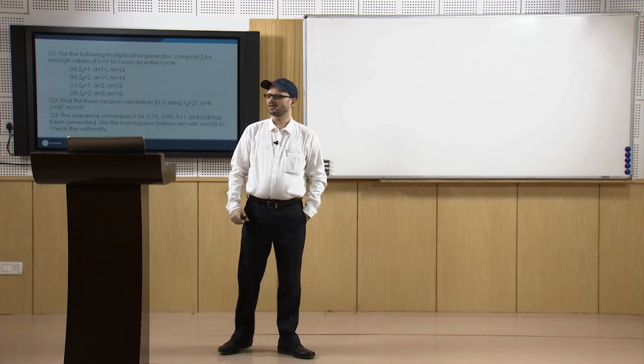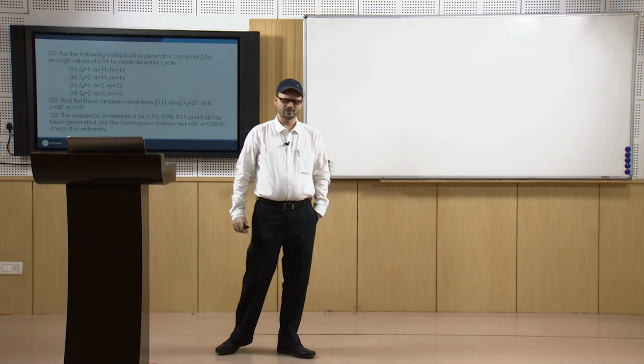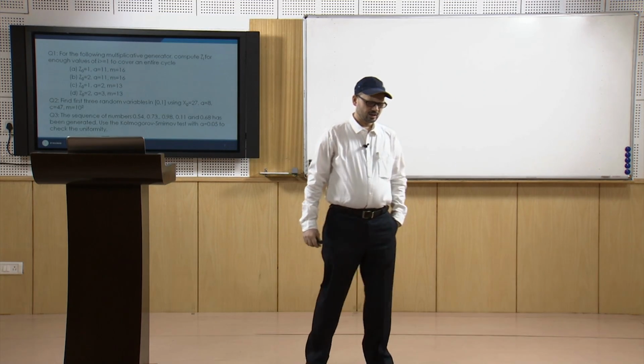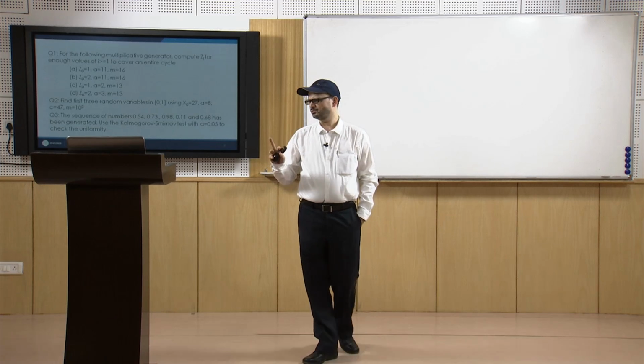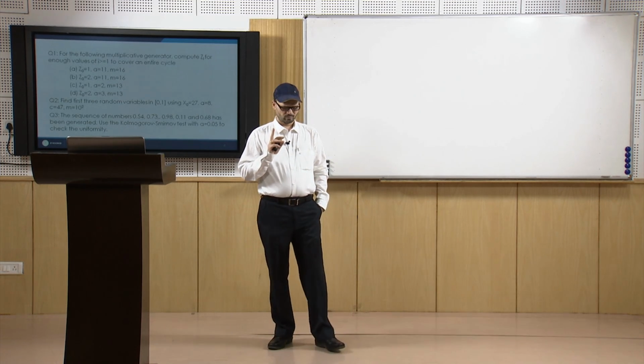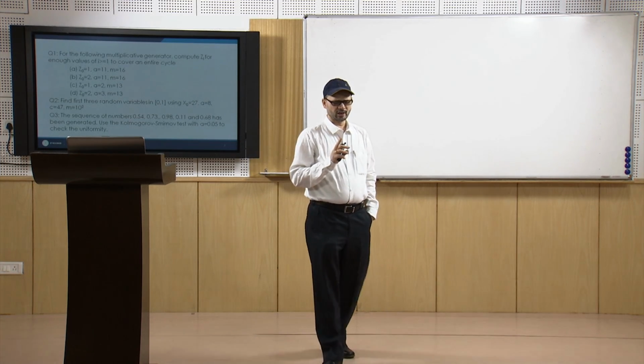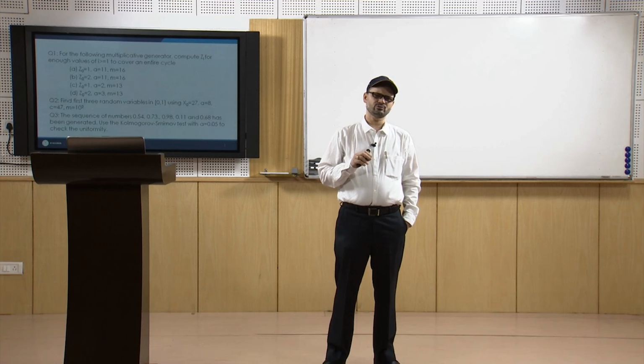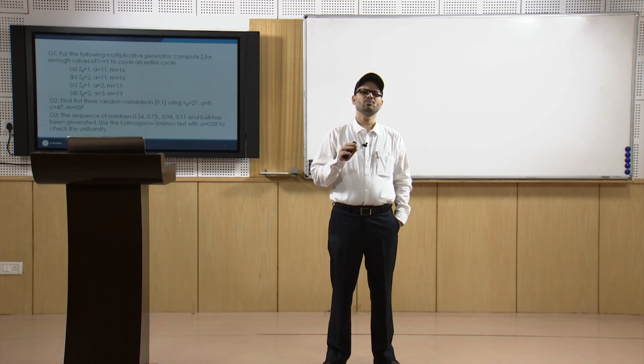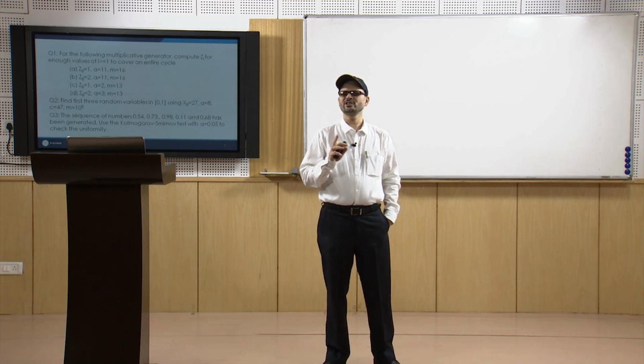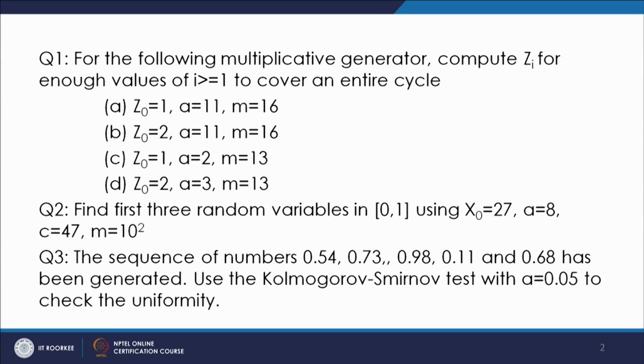This is a case of a multiplicative congruential generator because you do not have the value of C. The expression is A multiplied by Z I minus 1 plus C mod M, and this C is 0, that is why it is known as a multiplicative congruential generator.